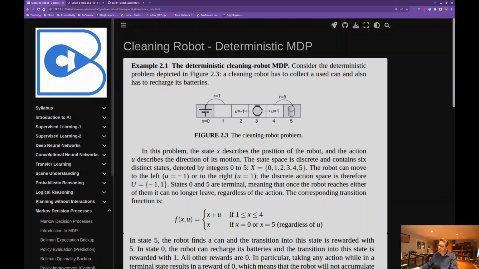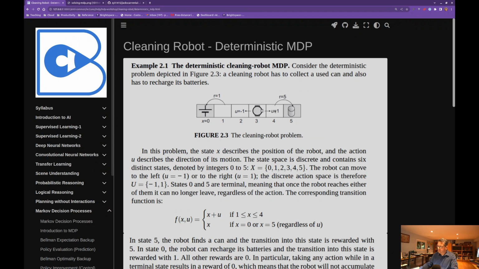State 0 is a battery recharge state, and state 5 is the acquisition of garbage, so the robot is picking up garbage. The transition from state 4 to state 5 results in a reward of 5, while the transition from 1 to 0 results in a reward of 1, and all other rewards are 0.